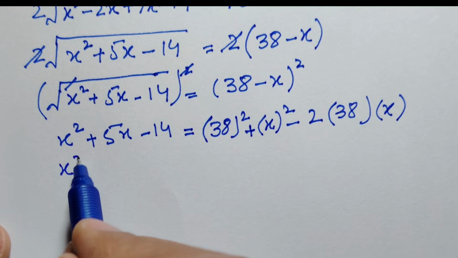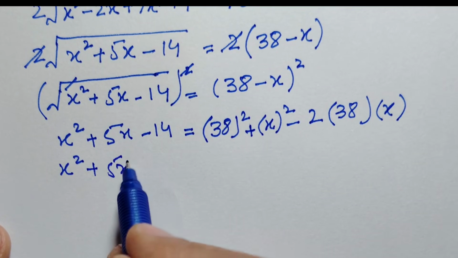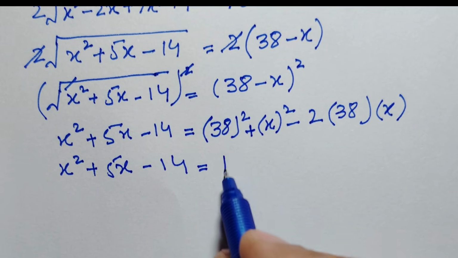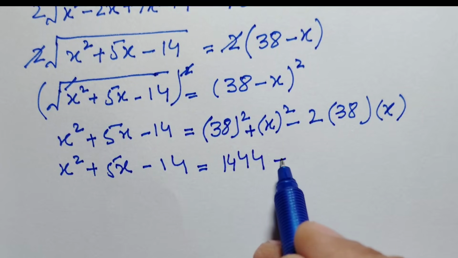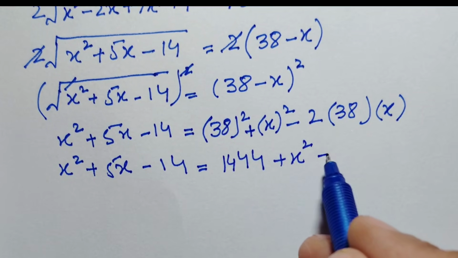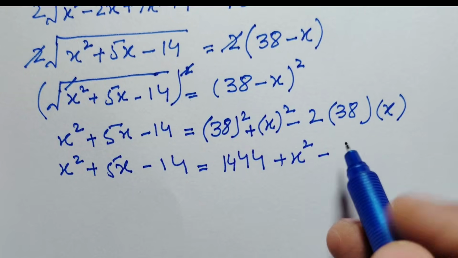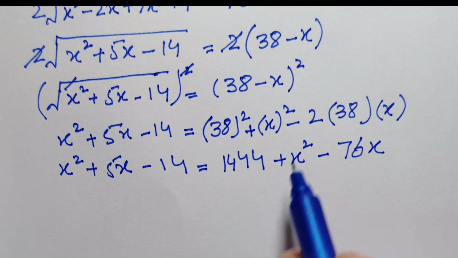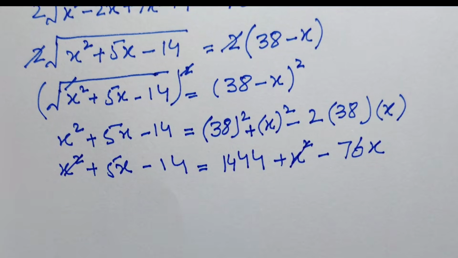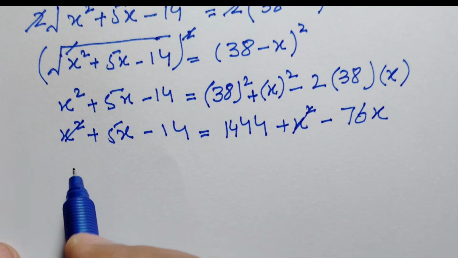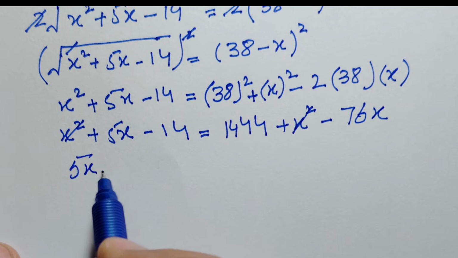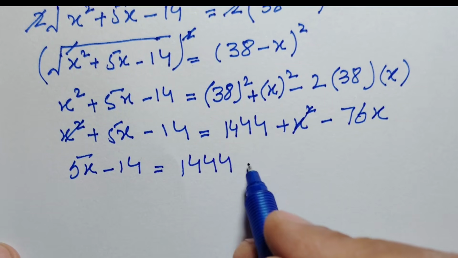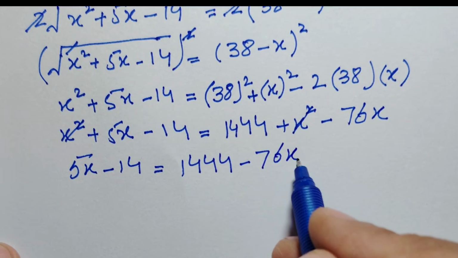In the next step, x square plus 5x minus 14 is equal to 38 square, which is 1444, plus x square minus 2 into 38, which is 76x. Now x square on both sides cancels each other, and we get the equation 5x minus 14 is equal to 1444 minus 76x.